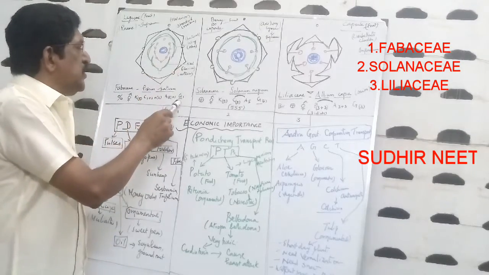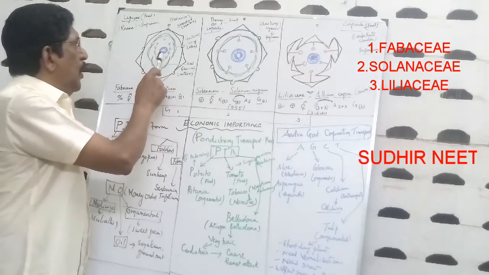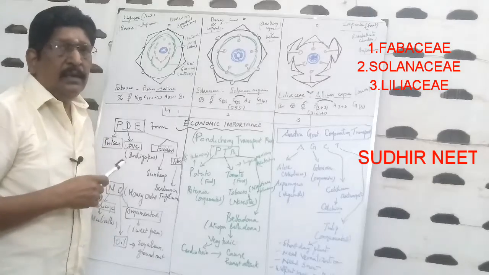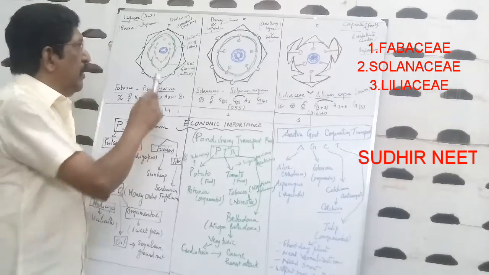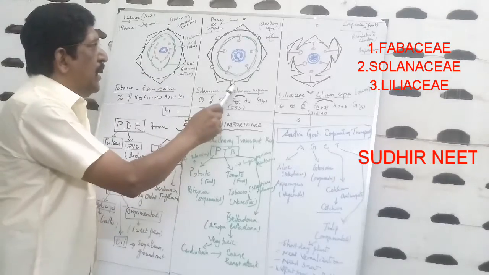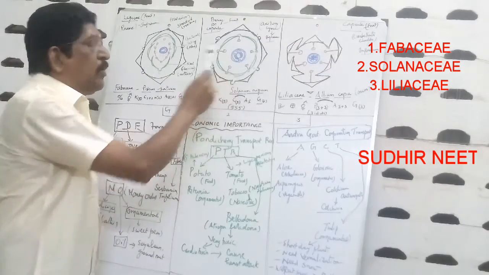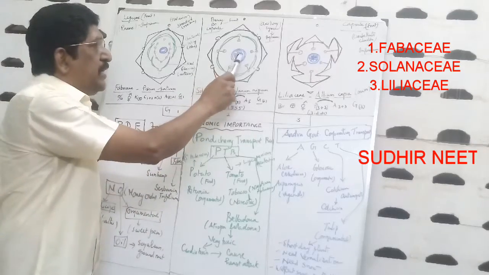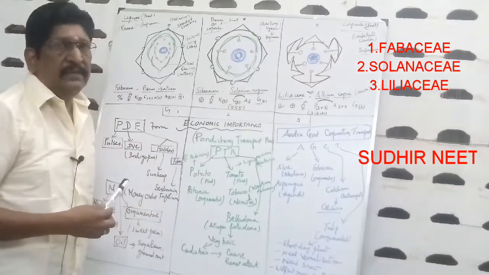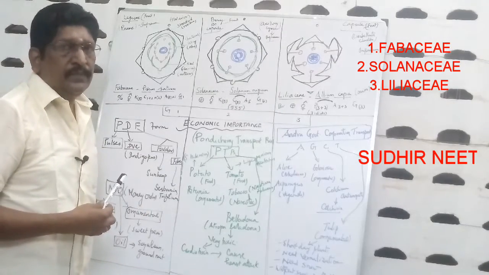Then coming to gynoecium, the ovary is monolocular, single locule with marginal placentation, whereas in Solanaceae it is bilocular with axile placentation. In Liliaceae it is trilocular with axile placentation.